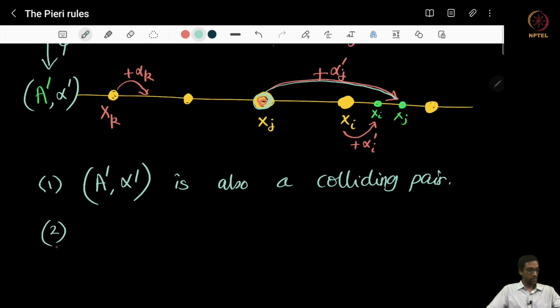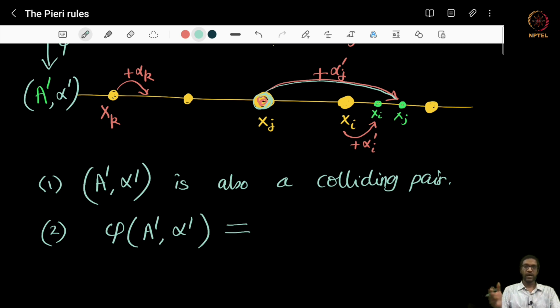That's statement number one. Now let's see statement number two. If you start with a prime, alpha prime as your abacus and multi-index, then you apply the same algorithm. This is a colliding pair after all, so I can ask, if I start with this colliding pair and try to find its partner, I do the same thing.